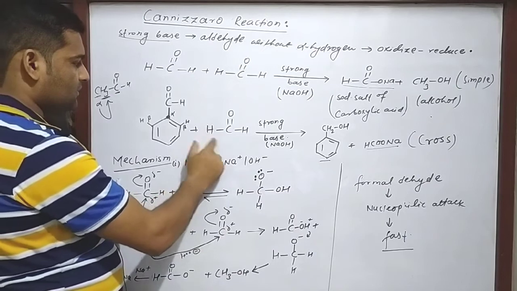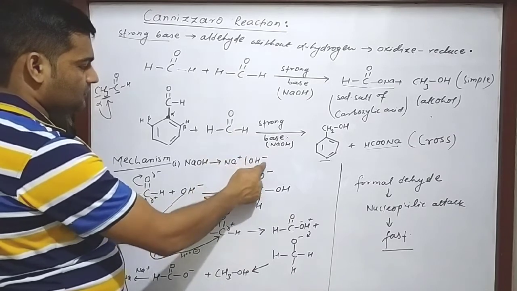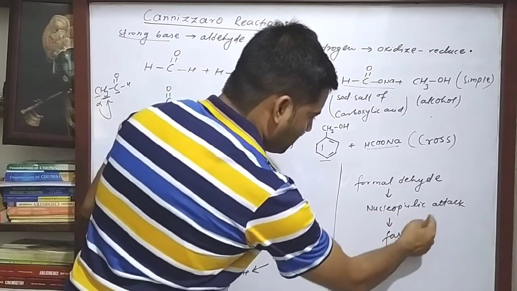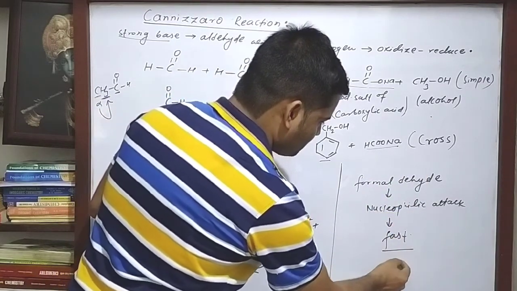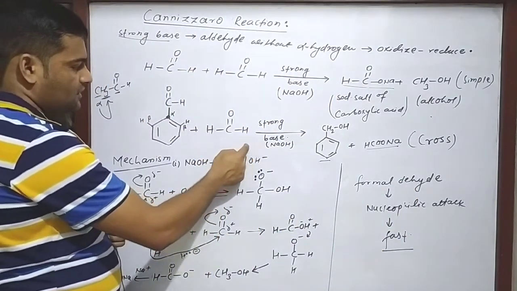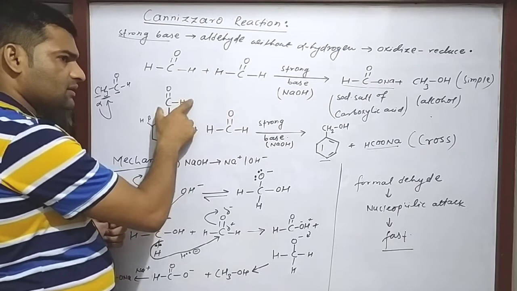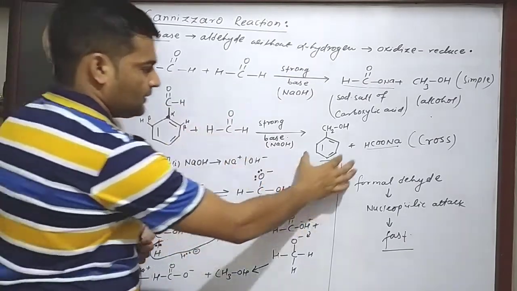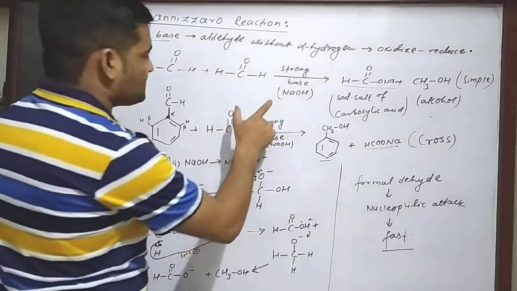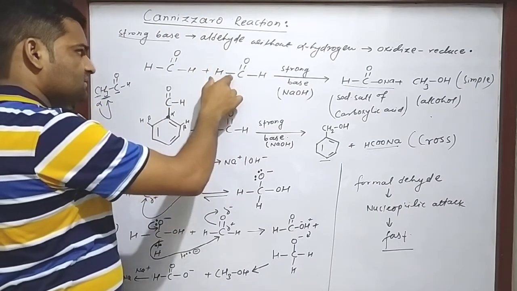If there are different molecules and one of them is formaldehyde, then the nucleophile always attacks formaldehyde, because nucleophilic attack is fast in formaldehyde. So hydroxide ion first attacks formaldehyde, and this gives the salt of the carboxylic acid, and the other gives alcohol, and here the Cannizzaro reaction is complete.